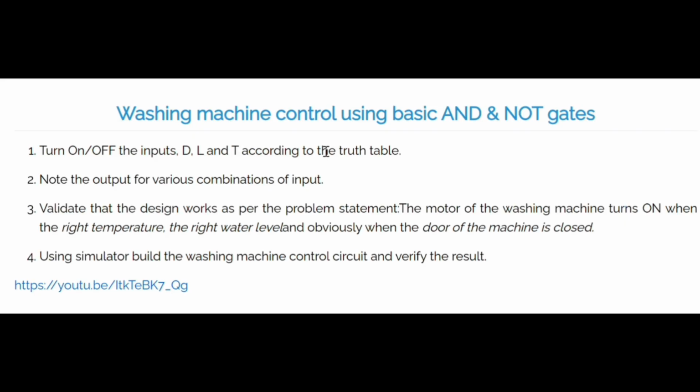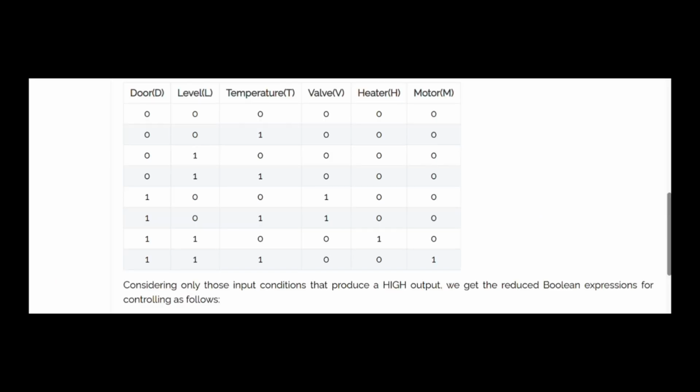Then we are using the simulator to build the washing machine control circuit, and we are going to verify the result. This is the truth table of the combinational logic circuit where the door, level, and temperature are the inputs and the valve, heater, and motor are the outputs. We'll only consider the input conditions when they produce the high voltage.